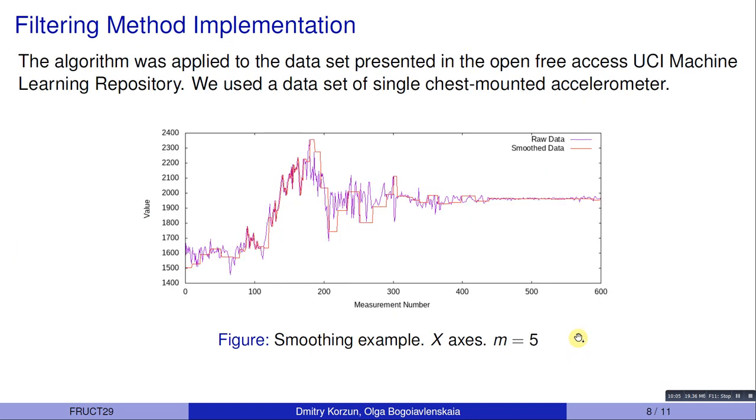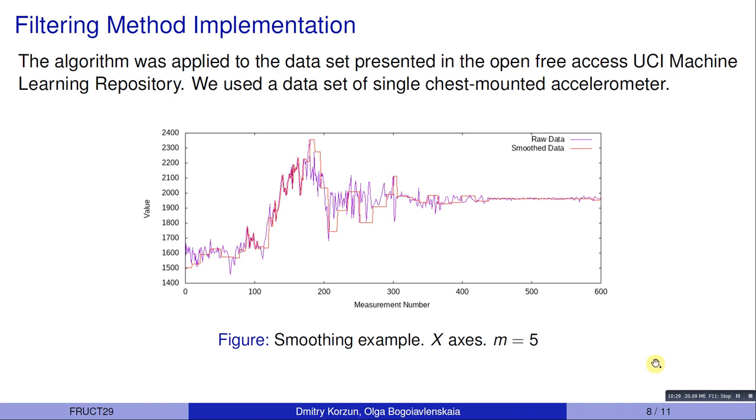Now the algorithm was applied to a data set presented in an open free access machine learning repository. A link also is presented in the paper. We used from this repository the data set of a single chest-mounted accelerometer.